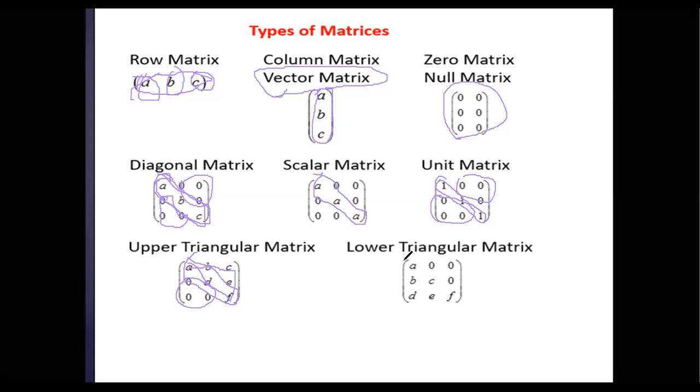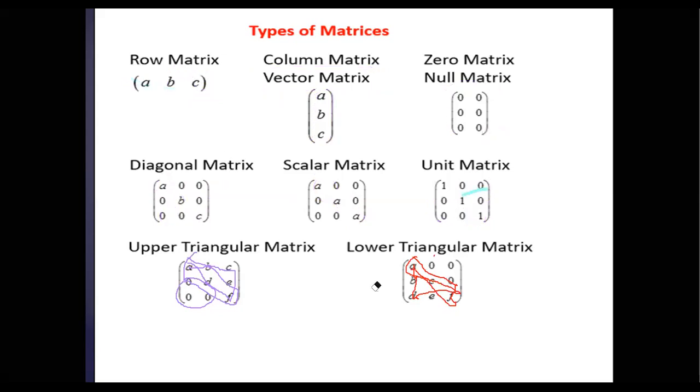What is the meaning of lower triangular matrix? If all the elements above the diagonal line are zero, then we can prepare a triangle on the lower side of the diagonal line. Then it is called lower triangular matrix. So we have seen this meaning and definition in the last lecture.